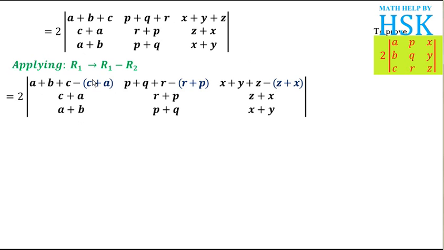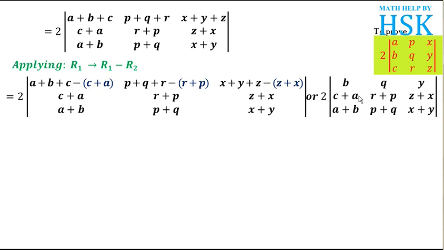You can see that c and c, a and a cancel out, r and p cancel out, and z and x cancel out. So I am going to get 2 times b, q, y, c plus a, r plus p, z plus x, a plus b, p plus q, x plus y. Till now you can see that I got a row exactly the same as what I have to prove.